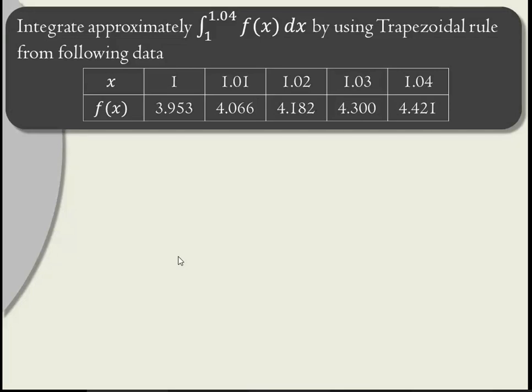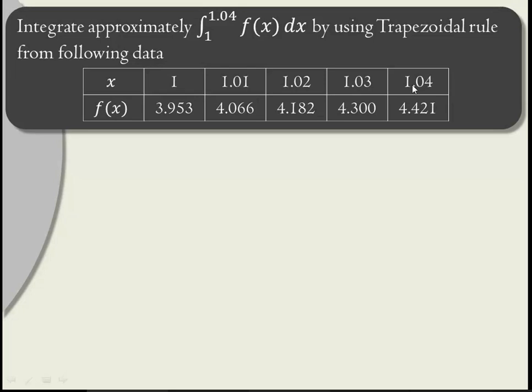Values of x are 1, 1.01, 1.02, 1.03, 1.04. f of x will be 3.935, 4.066, 4.182, 4.300, 4.421. Okay, so values of x and f of x. f of x means y. So values of x and y are given in tabular form.